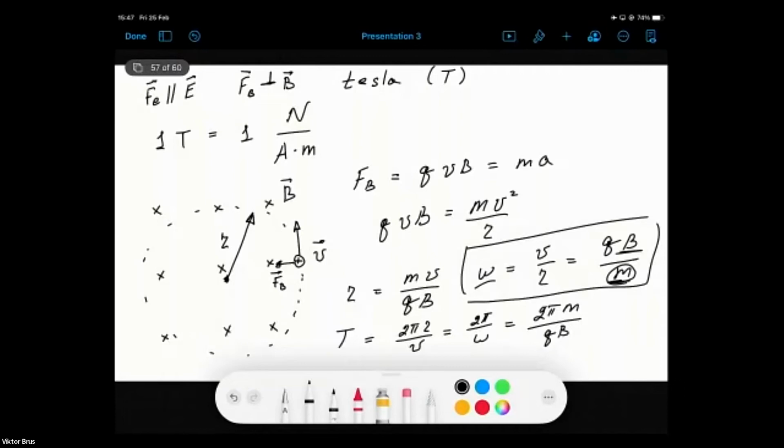And we discussed the motion of, in this particular case, a positively charged particle in a uniform magnetic field, deriving equations for the radius of the circular trajectory, cyclotron frequency, and period of one rotation along this circular trajectory. So if you have questions, you are welcome.